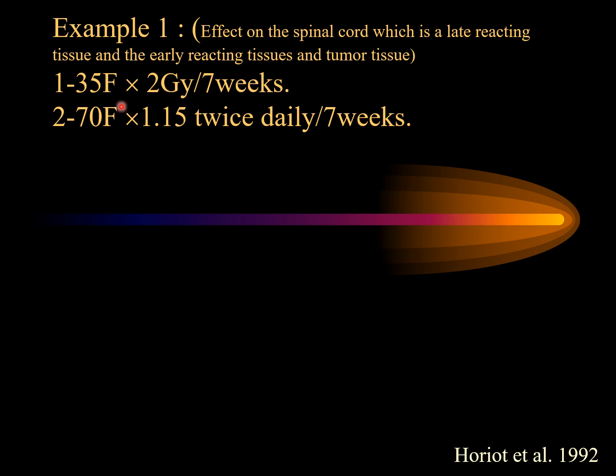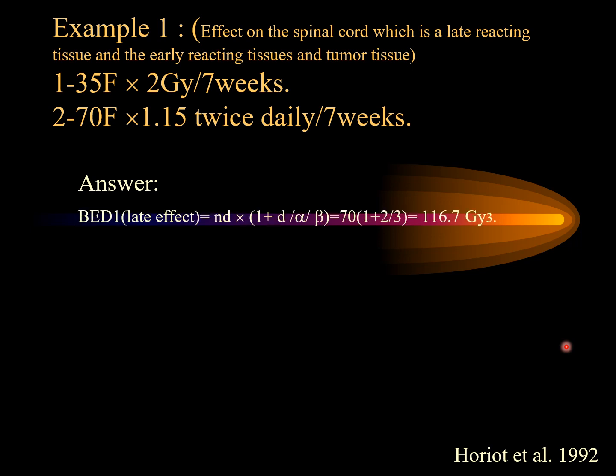You want to compare the biological effective dose of two fractionation schedules on which particular tissues, because if you are calculating the BED for the late reacting tissue, for example spinal cord, it will not be the same as calculating the BED for the early responding tissue or the rapidly responding tissue, as for example the tumor. If you know, the alpha beta ratio of undifferentiated squamous cell carcinoma is around 15. The alpha beta ratio for the tumor in head and neck cancer may reach up to 15, so it's very high. But for simplicity, we usually use again the 10.